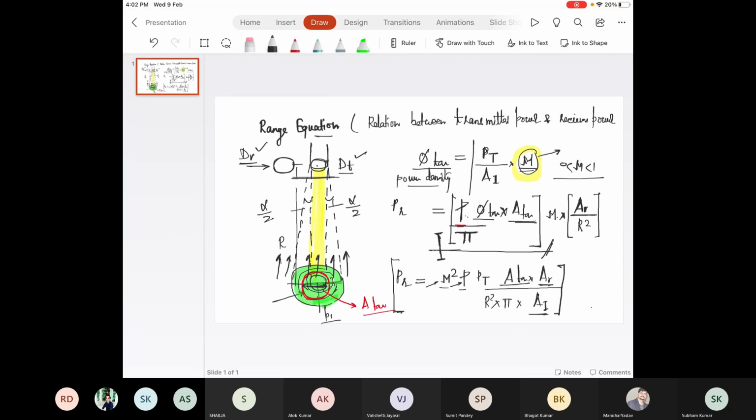Dt is given, dr is given, and for A target, let's say D target is given. Simplify it and let me know the simplified equation. Do this calculation at your end. I'm giving you 5 minutes time.